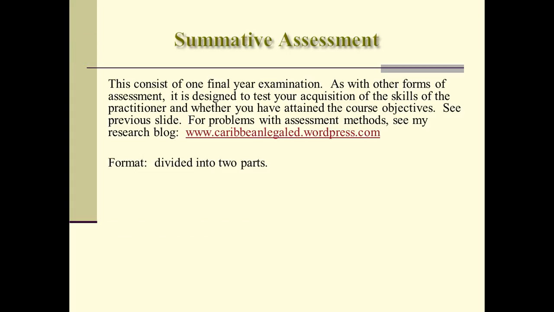Now, the exam itself is divided into two parts. The first part consists of one compulsory question on drafting and advice on quantum. And that is because advice on quantum is the fundamentals upon which you develop any litigation strategy, on which you quantify your loss, the compensation for your client, and which can also help you in developing negotiations to solve your client's problems.